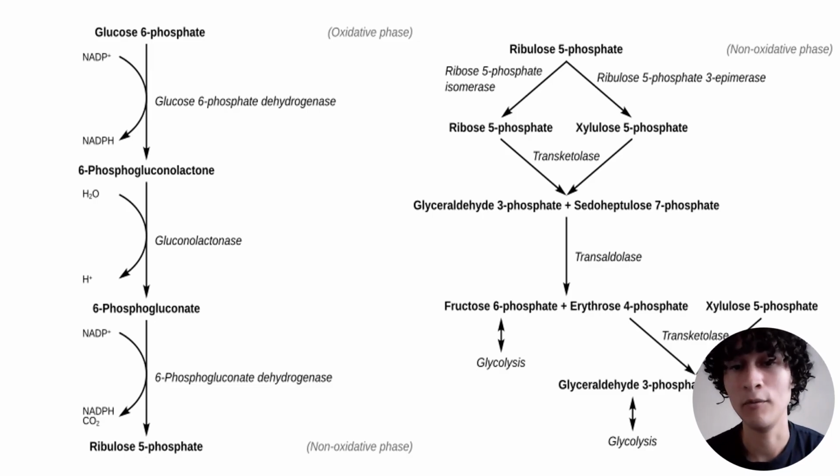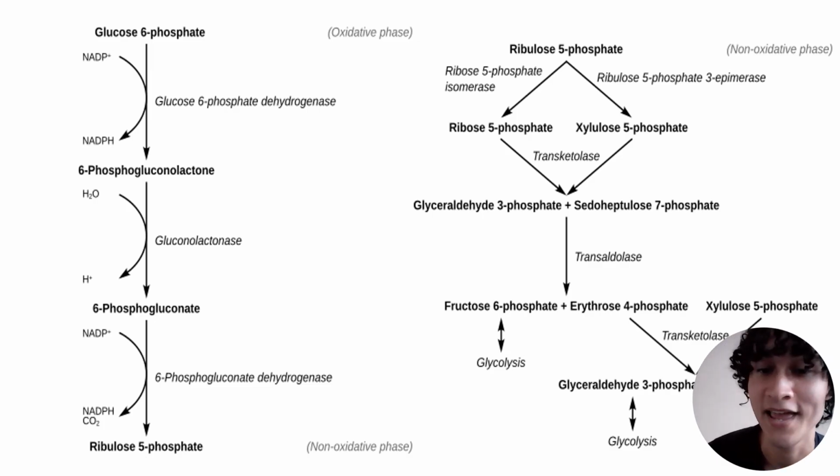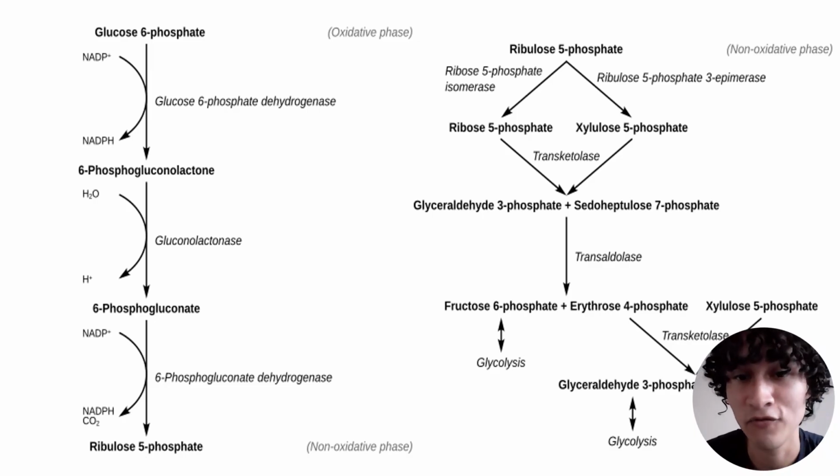But what you're seeing on the right hand side is the pentose phosphate pathway that forms the intermediates that will feed into glycolysis. So as I said before, those transketolase reactions will form your glyceraldehyde 3-phosphate, and that glyceraldehyde 3-phosphate can feed into glycolysis, or you can form your xylulose 5-phosphate and your sedoheptulose 7-phosphate.